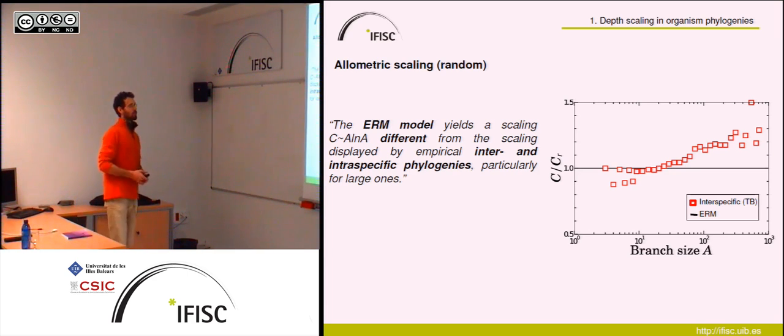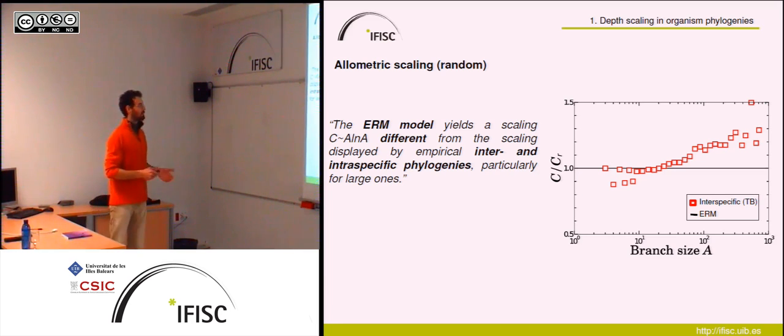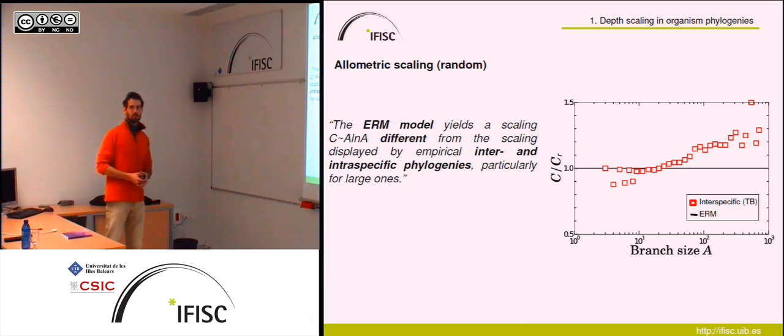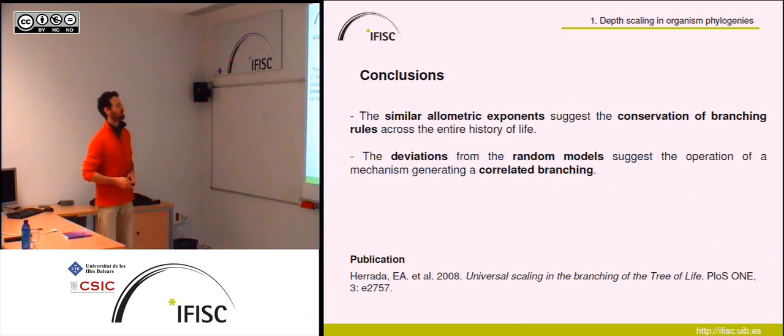We observe that the real data deviate from the random behavior, especially for large sizes, while the random trees showed a logarithmic dependence with the branch size, which implies a different scaling from that displayed by our empirical data of intra and interspecific phylogenetic trees.